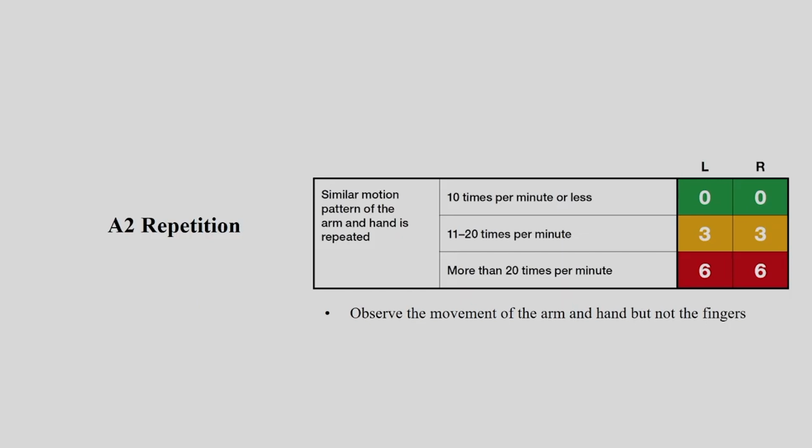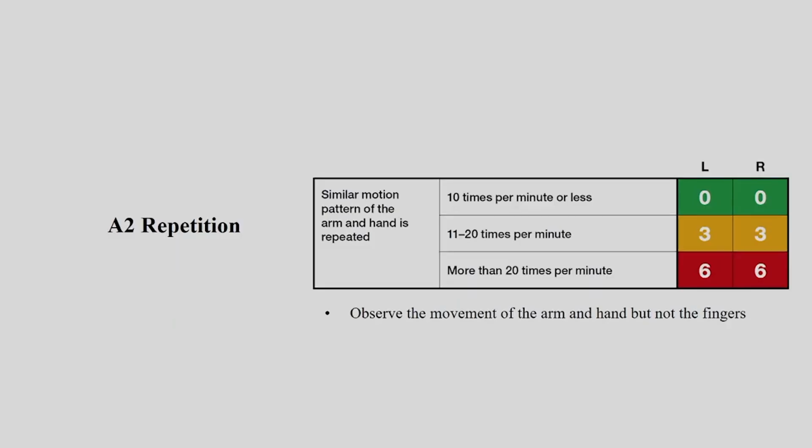Under stage A, you have arm movement and you are talking about repetition, so frequency and repetition. Here we are talking about 10 times per minute or less, then for both arms, left and right, it is 0 and the color is green. 11 to 20 times per minute, the value is 3 and the color is amber, and more than 20 times per minute, the color is red and the value is 6.